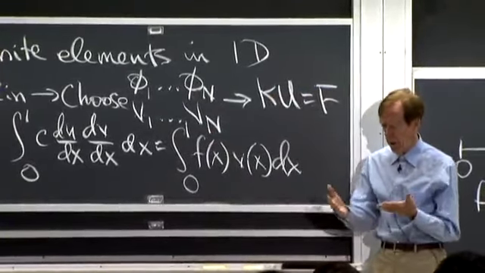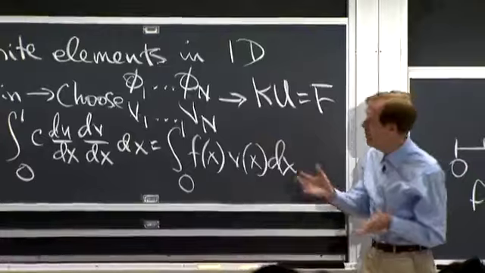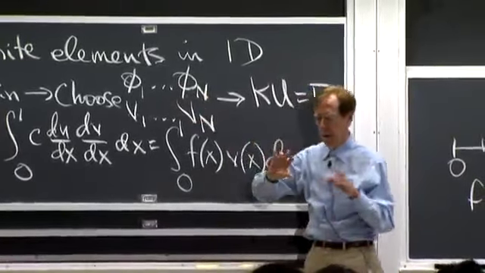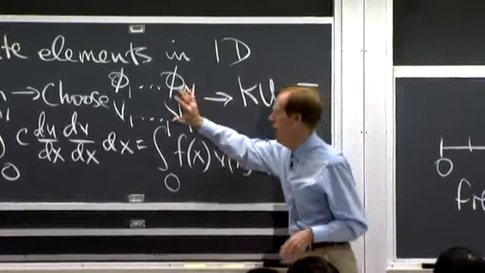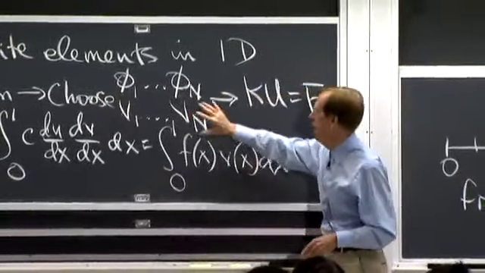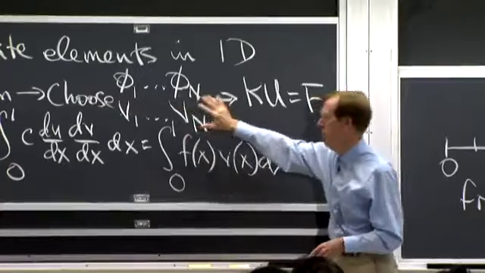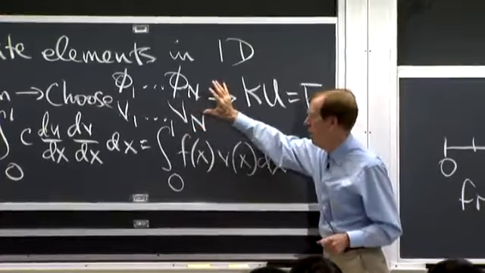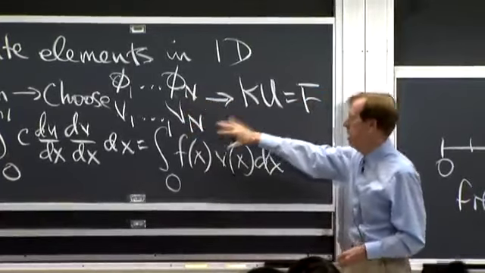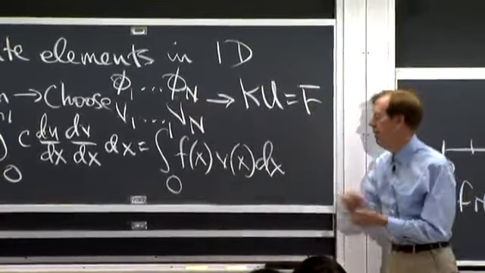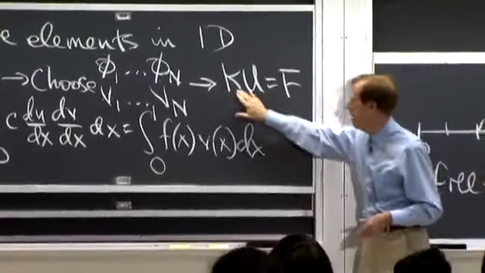You have a pretty wide choice, but there are some natural ones to start with. And so that's where we are today. The other part of today is how do we get from all that preparation to the equations that we actually solve, the Ku equal f. Where does the K come from?